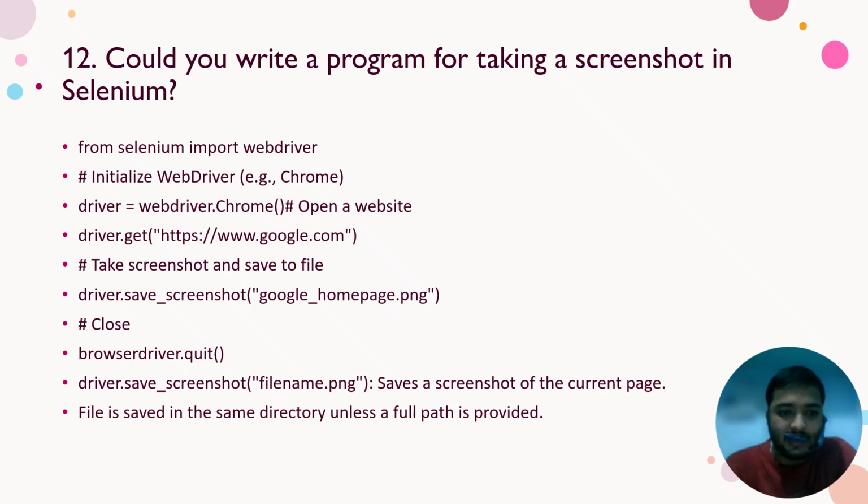Then we take a screenshot with driver.save_screenshot and a path where the screenshot is located, and then we close the driver. The screenshot saves the current page. The file is saved in the same directory unless a full path is provided.